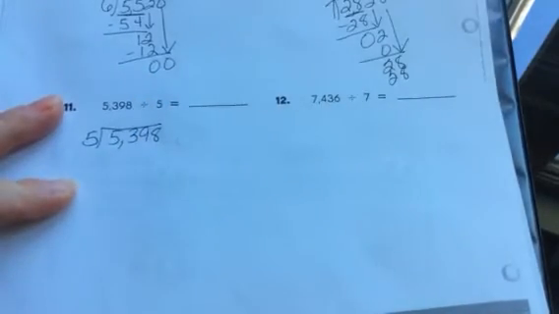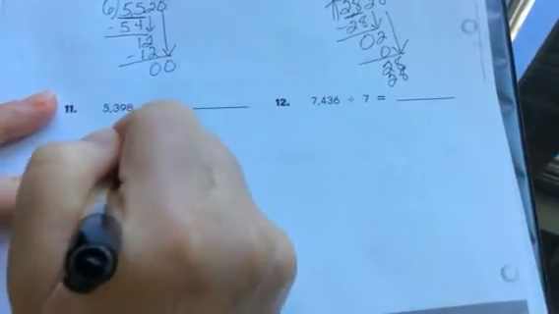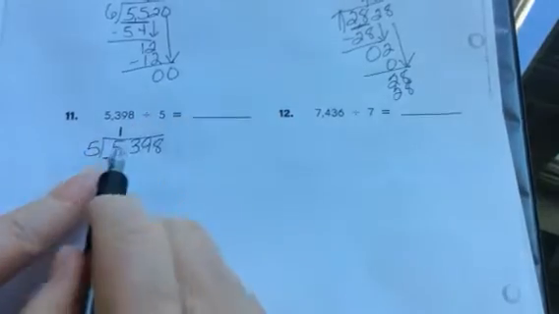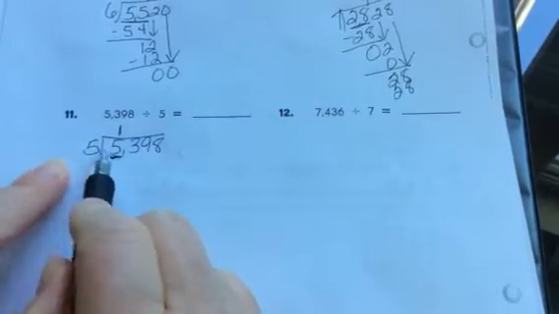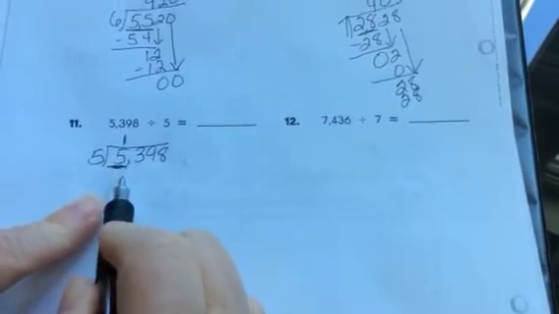Now, 5 does go into 5. 5 goes into 5 one time. So I'm putting that above the thousands place because that's what I'm dividing into, this 5,000.